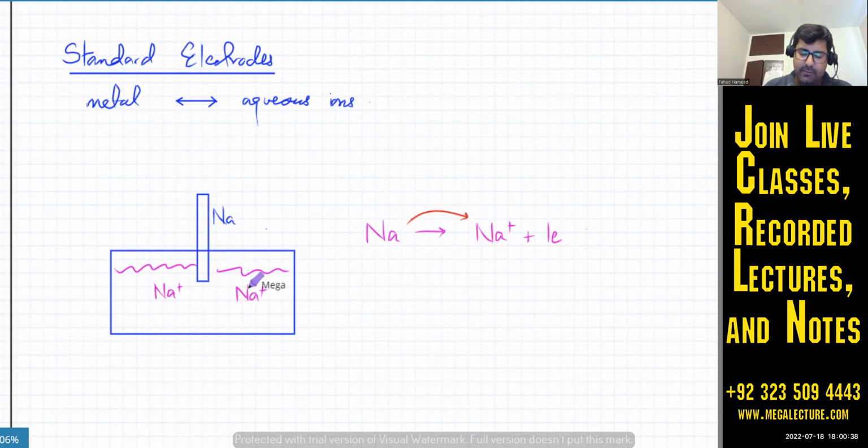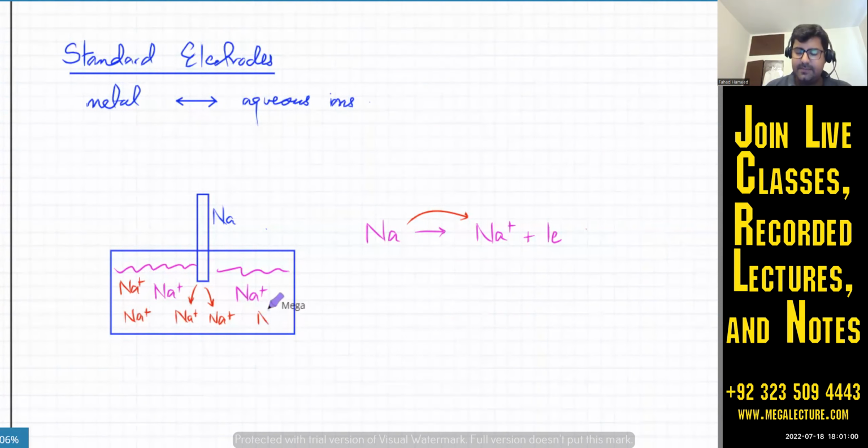So immediately the sodium metallic rod will start to dissolve. It will start producing a lot of sodium ions, because we know it's a very reactive metal. So lots and lots of sodium ions are being produced.